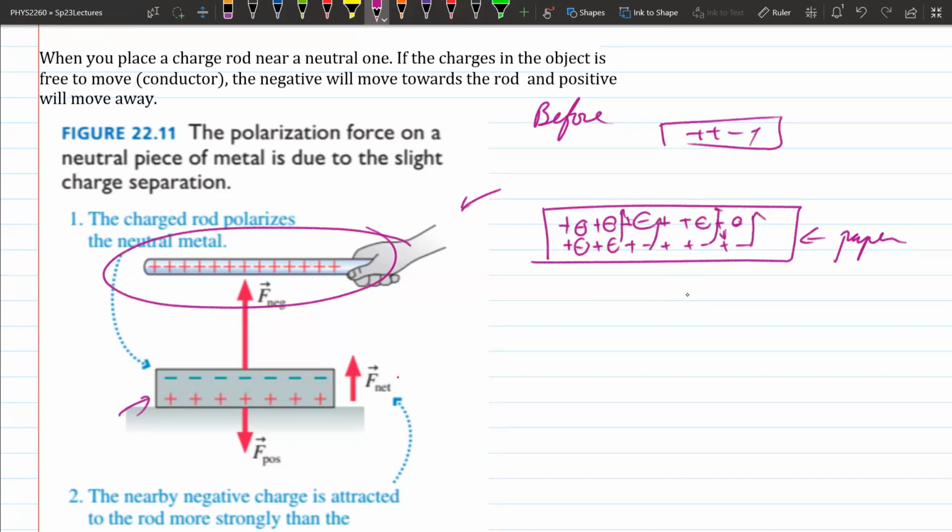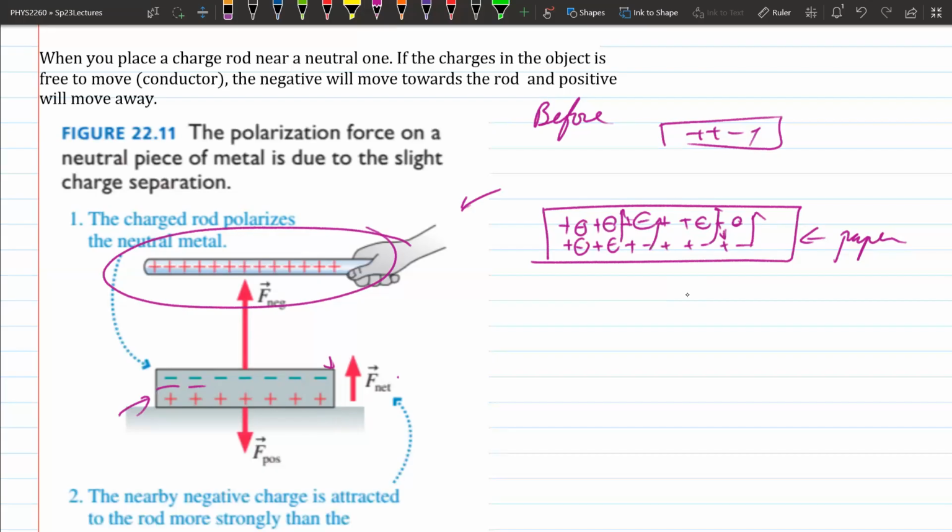This effect is known as polarizing, where instead of the plus and minus charges being randomly distributed on your piece of paper, more of the minus charge is now on the top surface, and more of the lack of negative charge is now on the bottom surface.